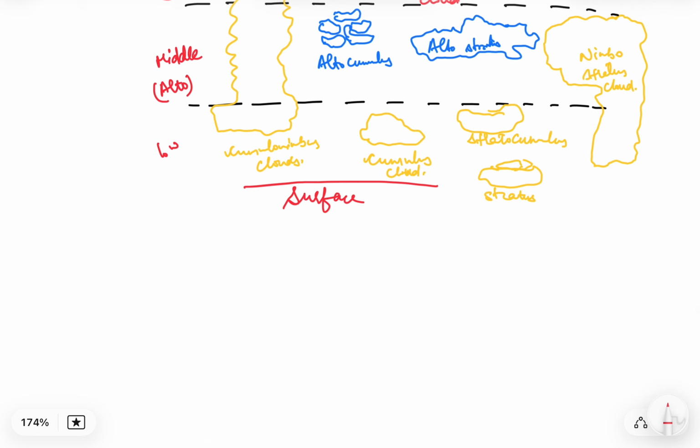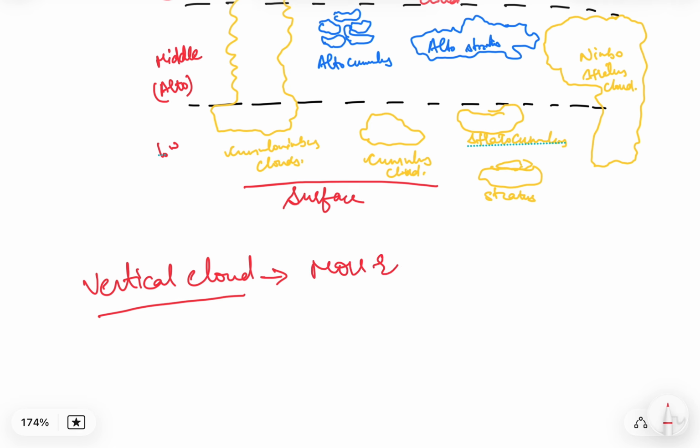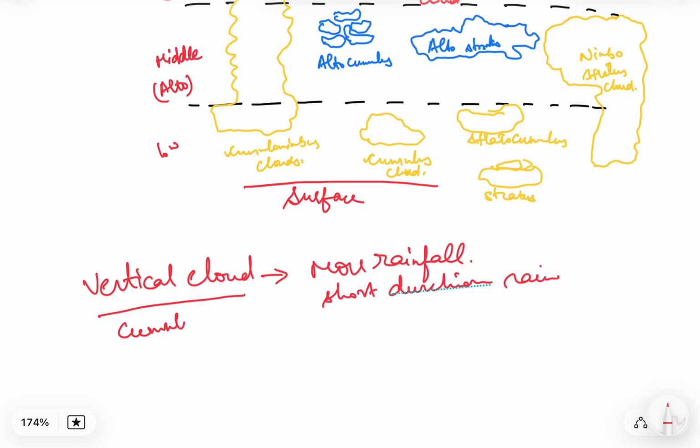So if there are vertical clouds, we will have more rainfall and short duration. So these are the cumulus clouds.